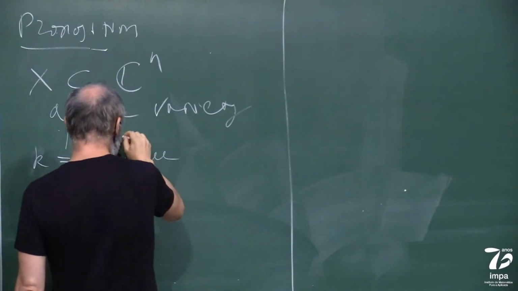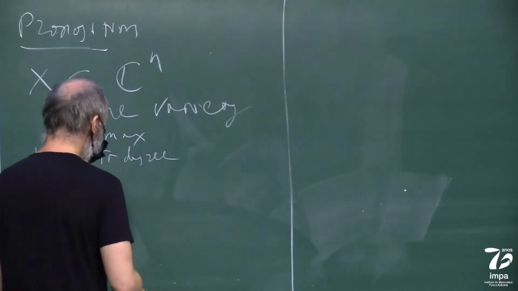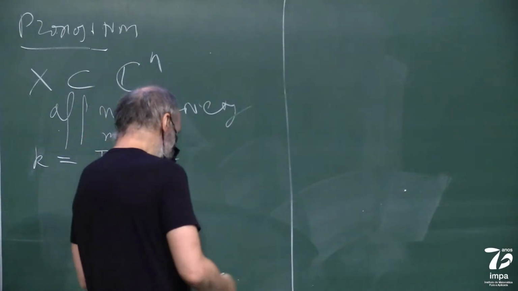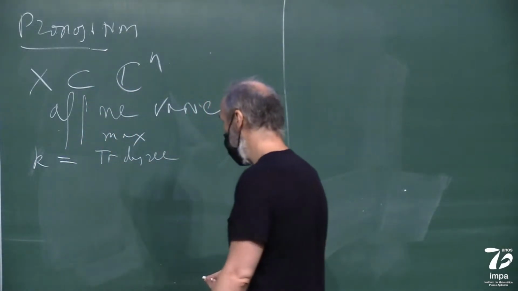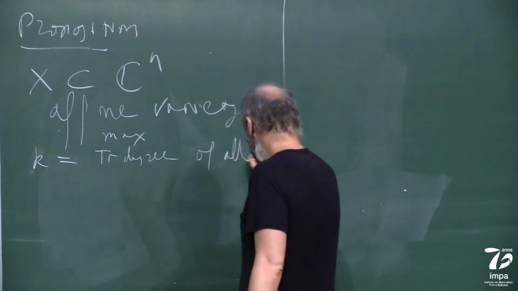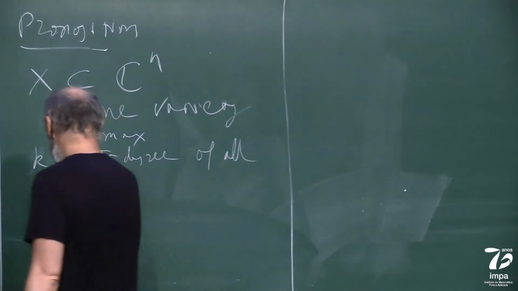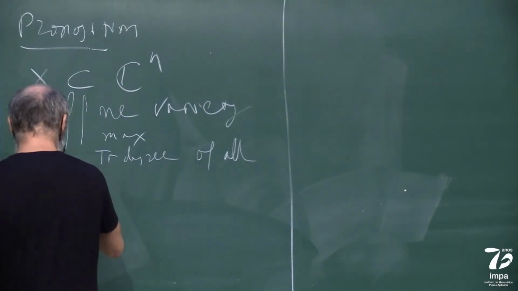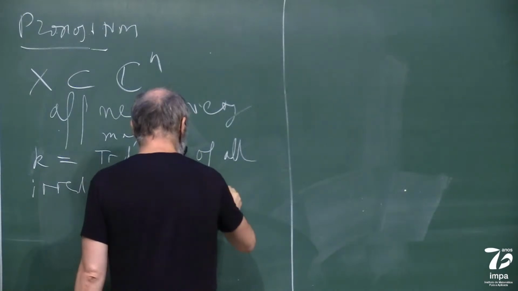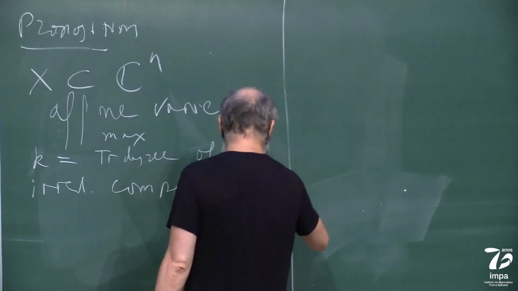So it's the maximal transcendence degree, because you can have several components which have different rings of fractions. So it's the maximal transcendence degree of all irreducible components of X.